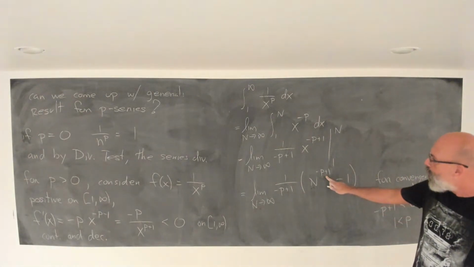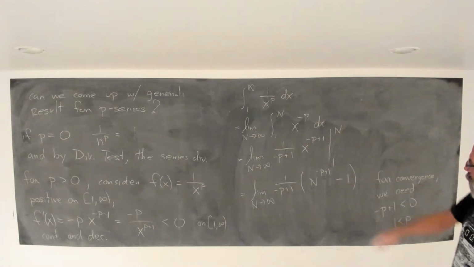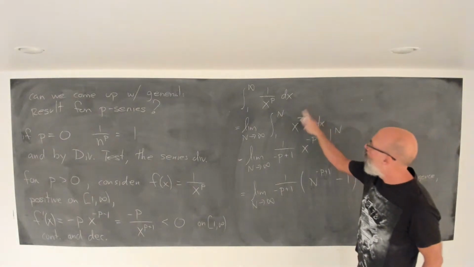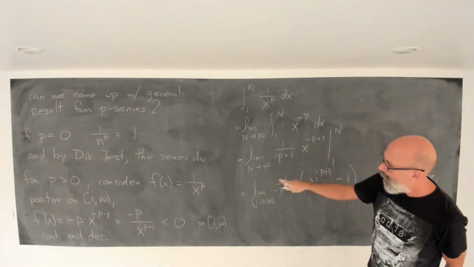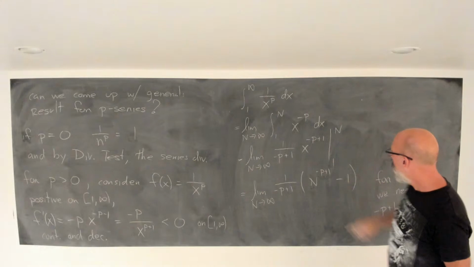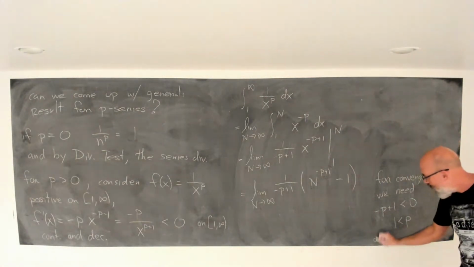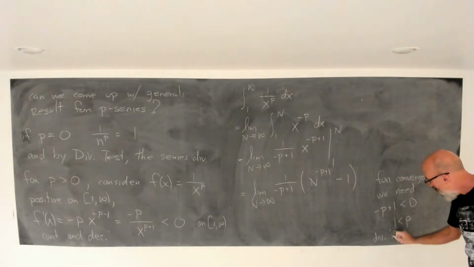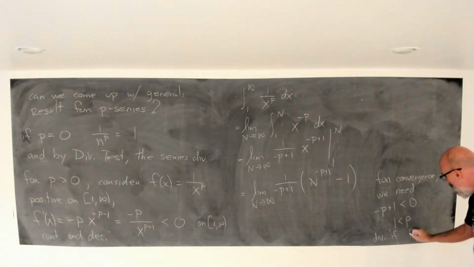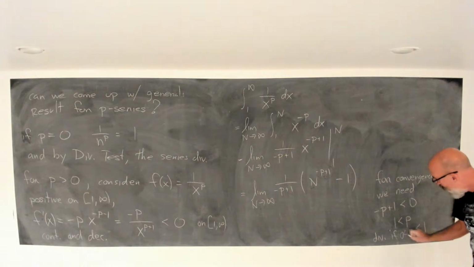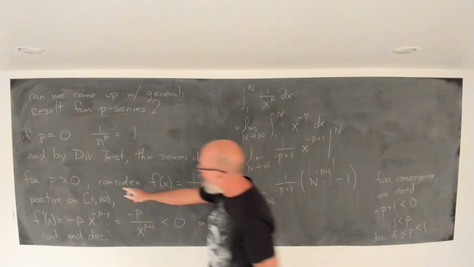And if p is equal to 1, this does not work, because if p is equal to 1, this is not the actual integral here, right? So it converges if p is bigger than 1, and diverges if p is less than 1 but bigger than 0, because that was our assumption here.